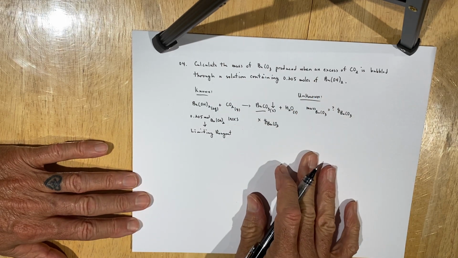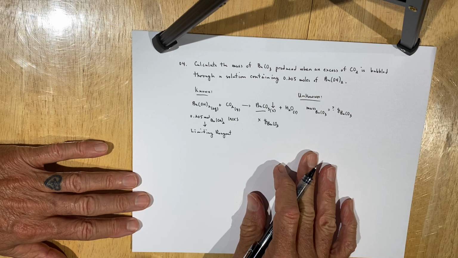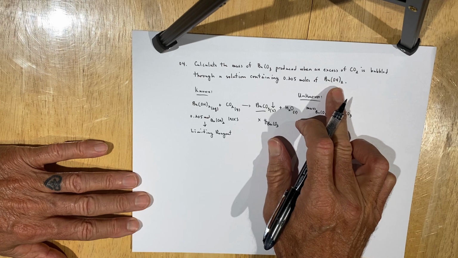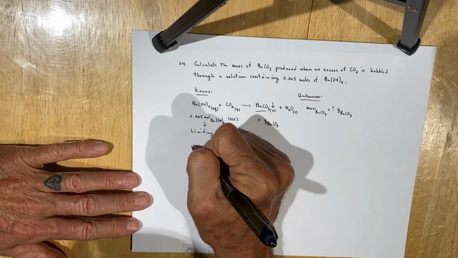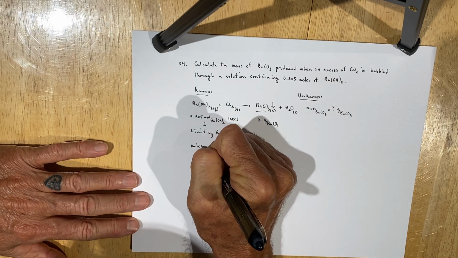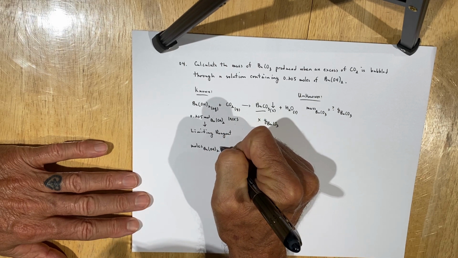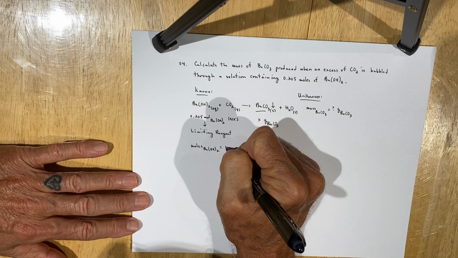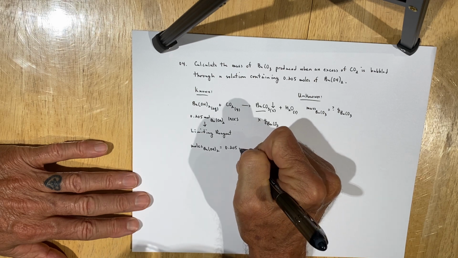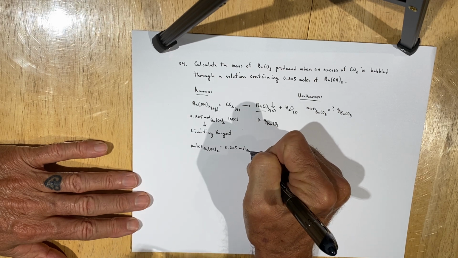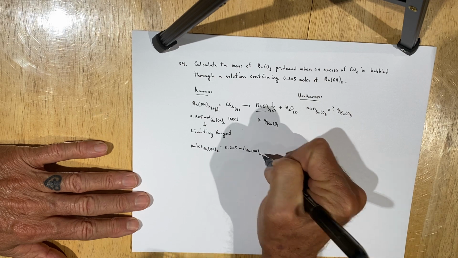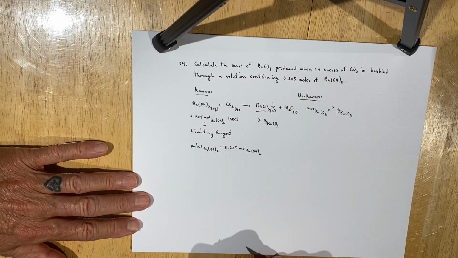That's one way to set this up, but I like to embellish this a little bit more by saying the following. You're given a given number of moles of barium hydroxide, which is 0.205 moles of barium hydroxide. You know CO2 is in excess.